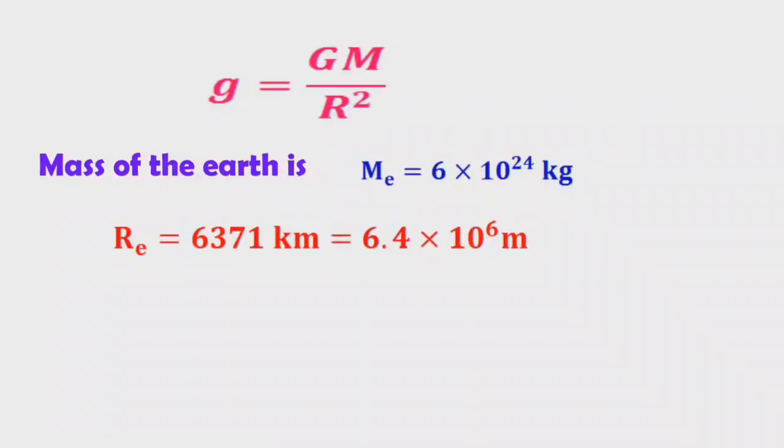Radius of the earth is 6371 kilometers or 6.4 into 10 power 6 meters. Remember these values.